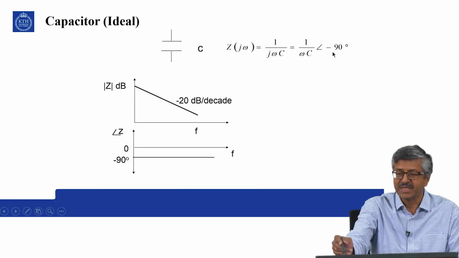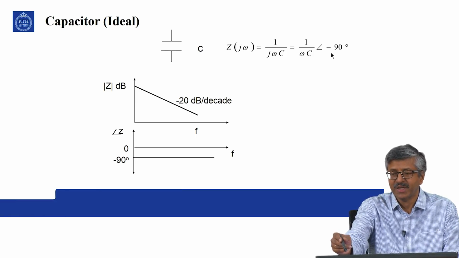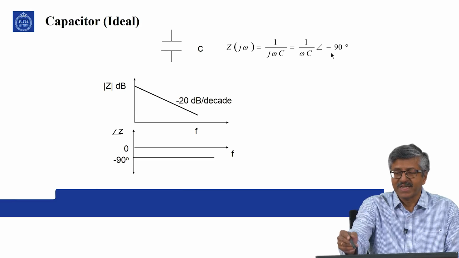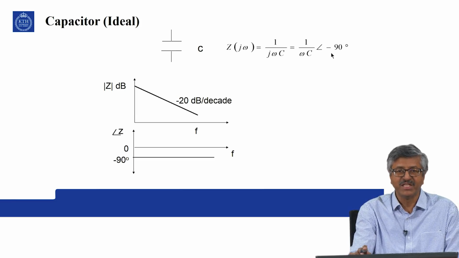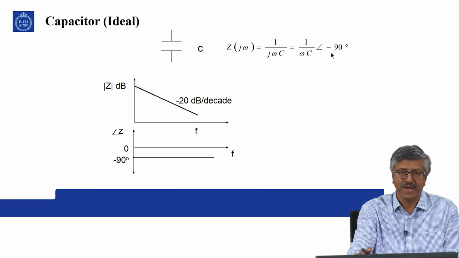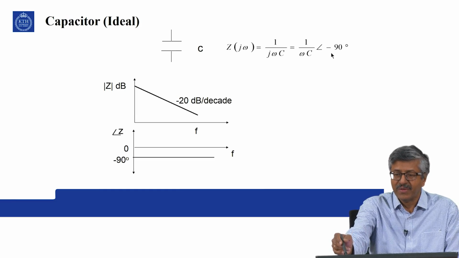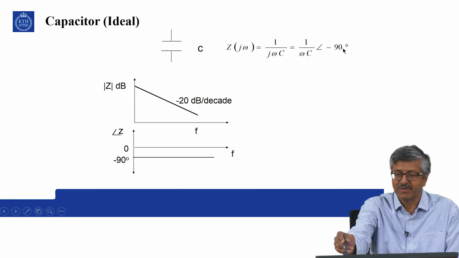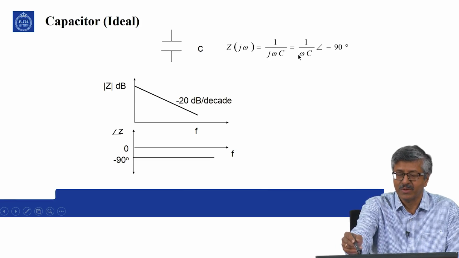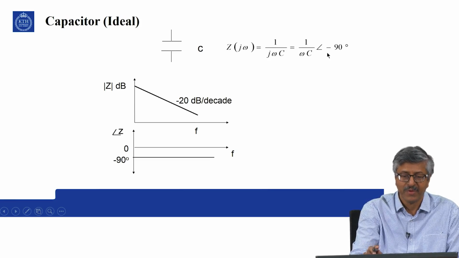The impedance is voltage divided by current. Voltage and current are 90 degrees phase shifted, and the current is leading the voltage by 90 degrees. That is why you have this minus sign, or 1 by j, from that also you get a minus sign.